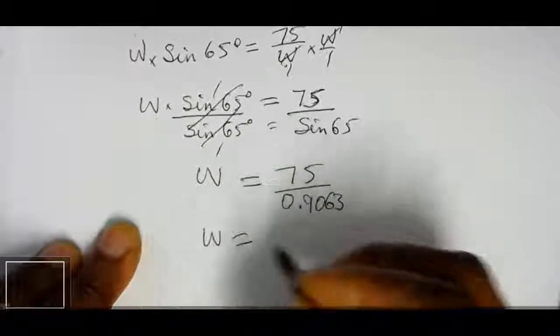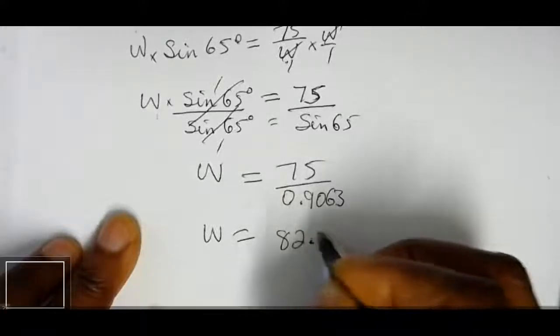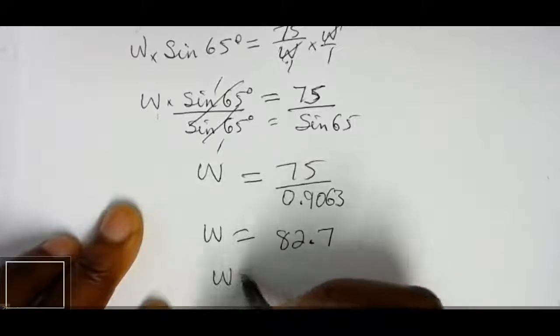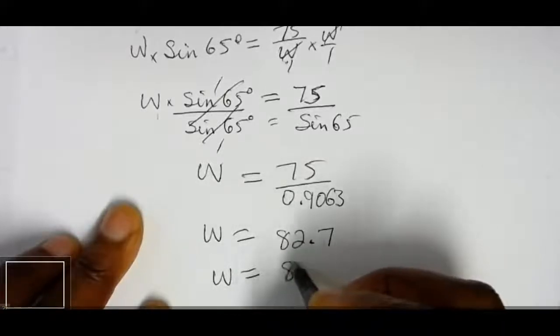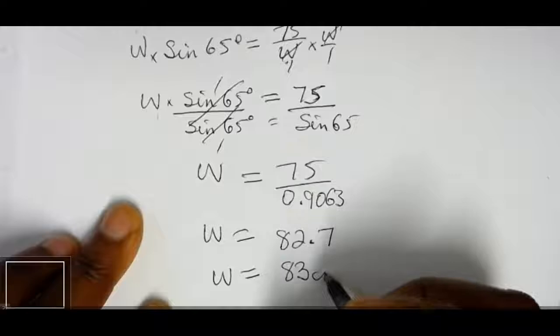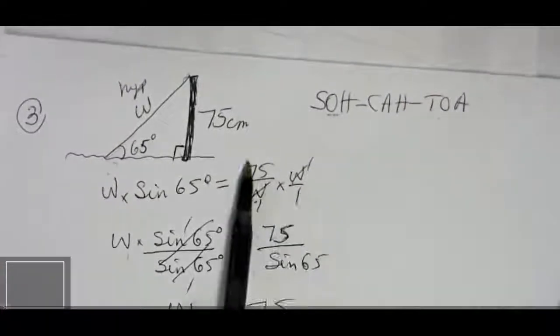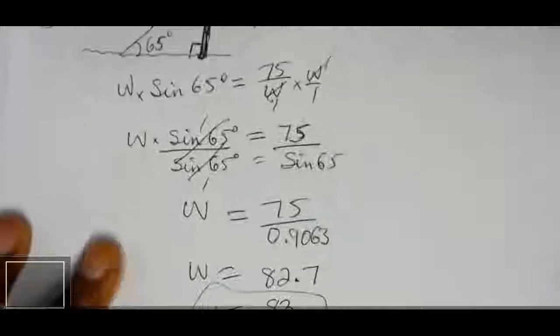So W equals 82.7. Let's round to the nearest length. So that will be 83. Because they gave us the unit in centimeters, it's going to be 83 centimeters.